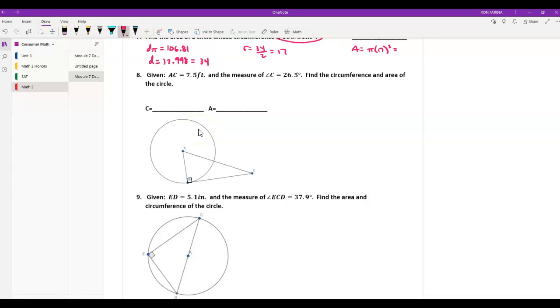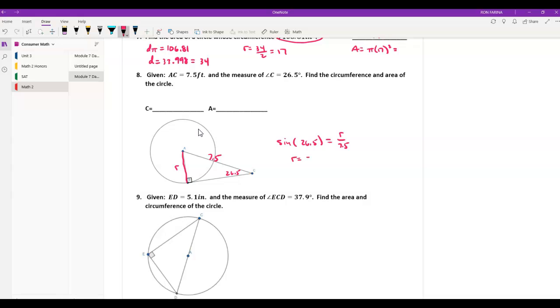Now, given AC is 7.5, so this is 7.5, and angle C is 26.5 degrees. Well, how do we find the circumference and area then? Well, right away, the first thing we have to do is find the length of this radius. So if I look, that's the side opposite, that's the hypotenuse. So the sine of 26.5 degrees is equal to, the radius is the opposite, 7.5 is the hypotenuse.